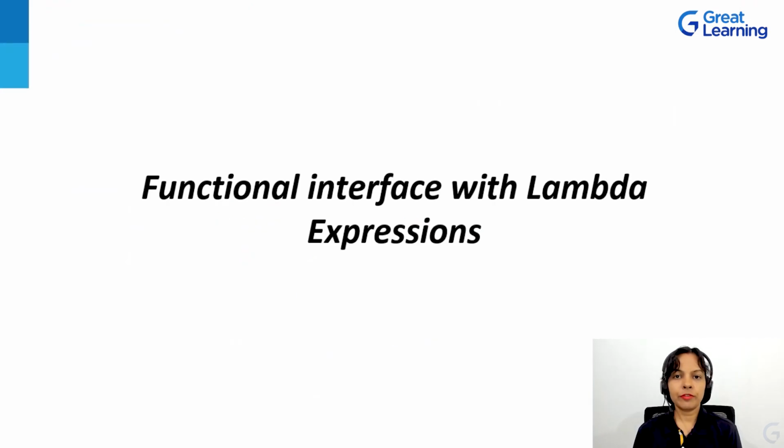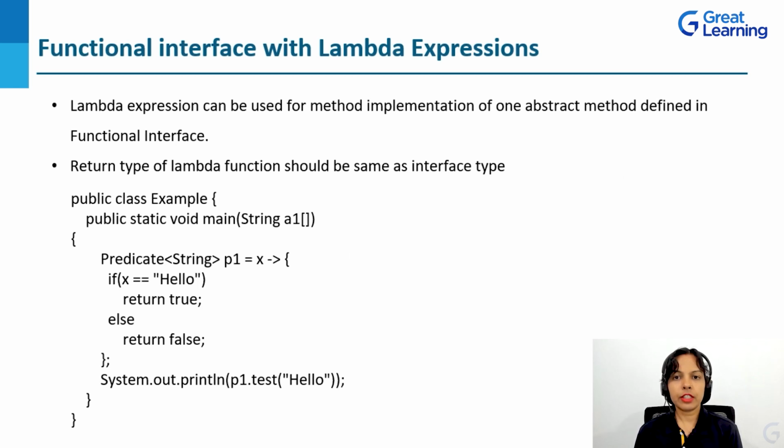Now let us talk about functional interface with Lambda expressions. How can it be written? Lambda expressions are used to implement that one abstract method which is defined inside the functional interface. That's why we have this concept of functional interface.